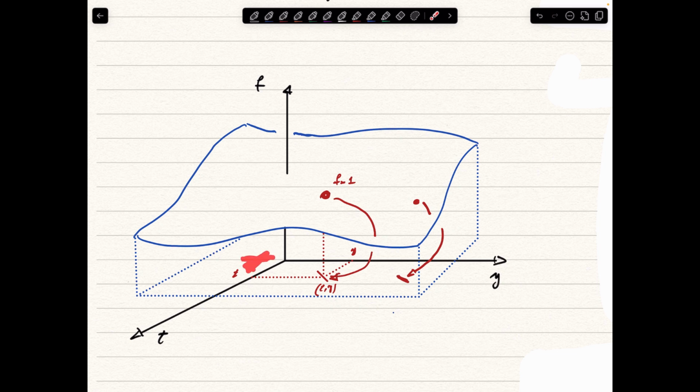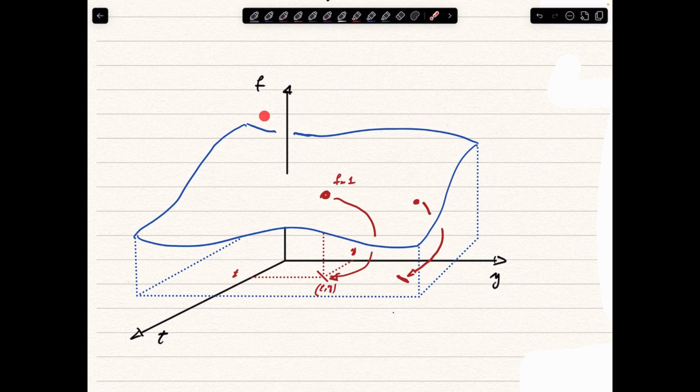So zero slope, positive slope, or negative slope. But instead of representing the values of the function as points, we are going to represent them on this plane as slopes of small segments.